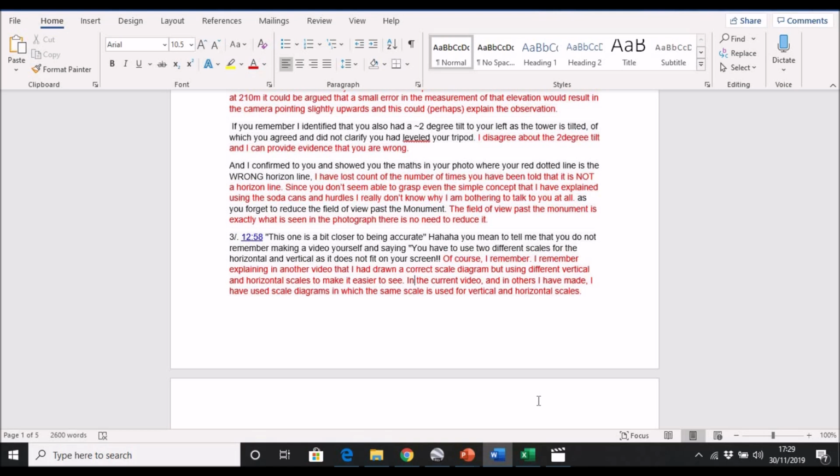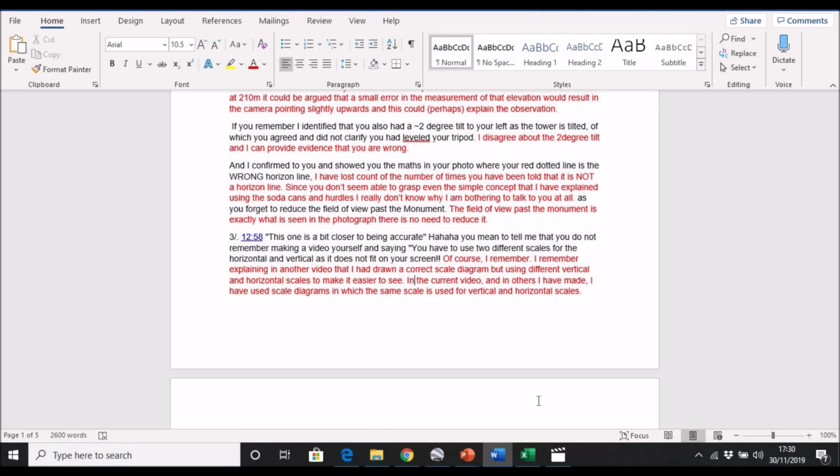His point continues, as you forget to reduce the field of view past the monument. And my reply, the field of view past the monument is exactly what is seen in the photograph. The photograph shows what the camera captured. It shows the camera's field of view at that level of zoom.